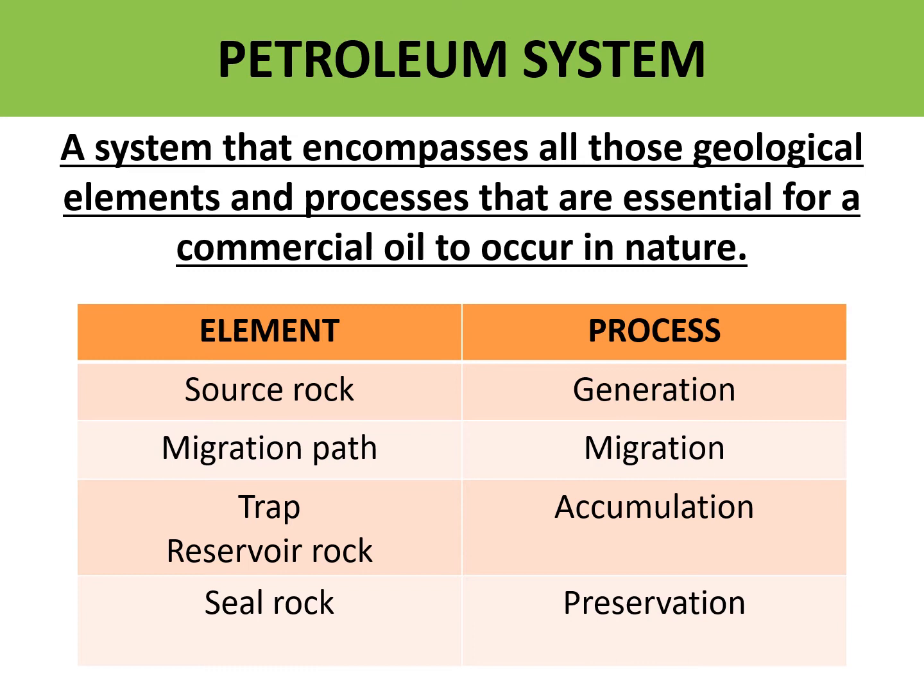So we have here the source rock element in relation to the generation of petroleum, and then we have the migration path, which relates to the migration process of the petroleum from the source rock to the carrier bed. And then we have the trap and reservoir rocks of the petroleum system that bring the petroleum to be accumulated in it.